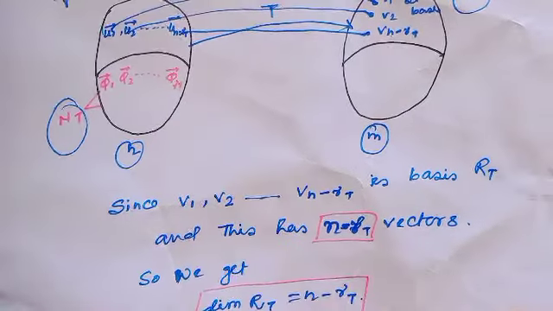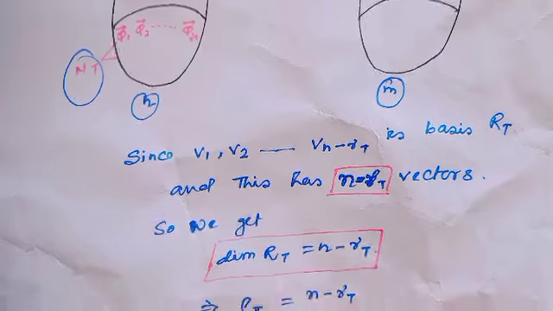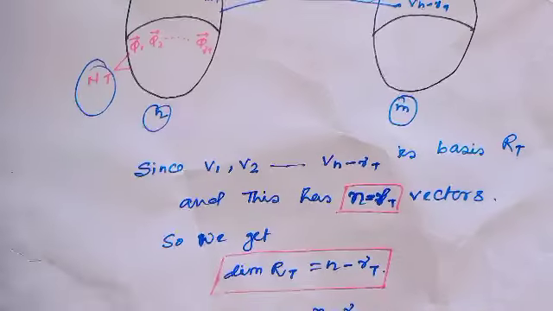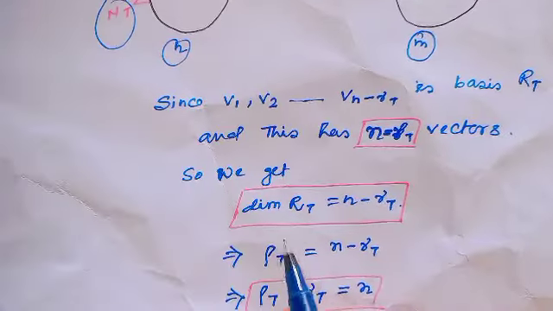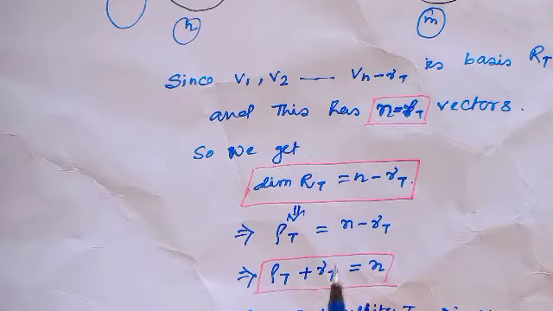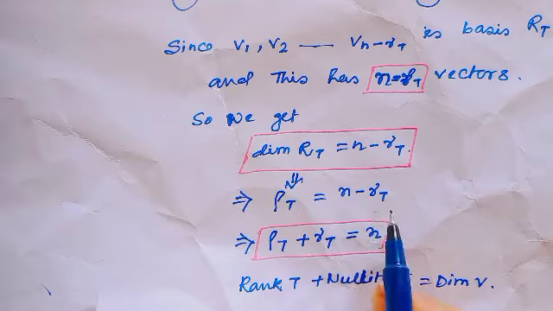And this basis contains n minus nu t vectors. So, dimension of this range T is n minus nu t. And all of us know dimension of range T is called rank T. That implies rank T equals n minus nu t.